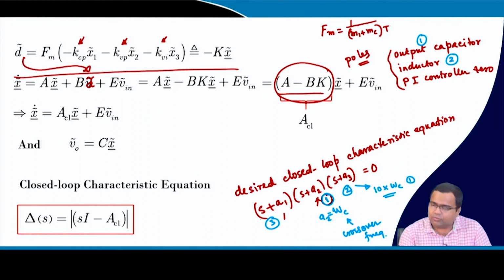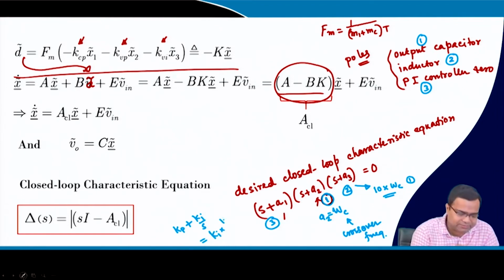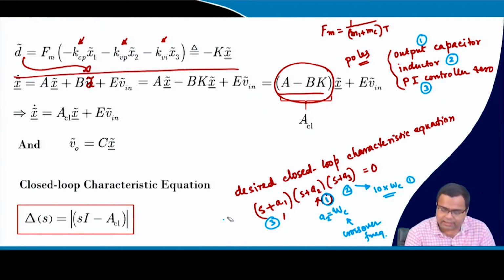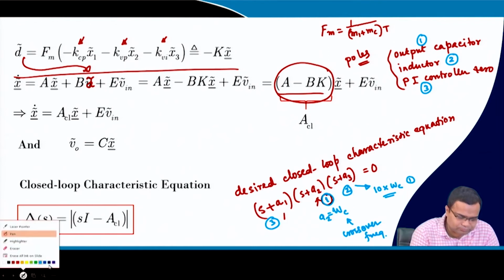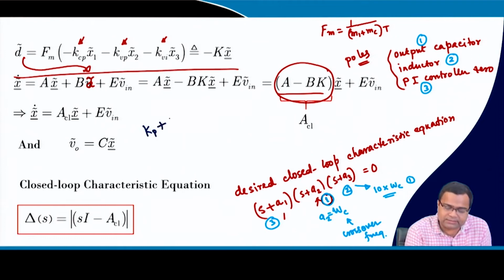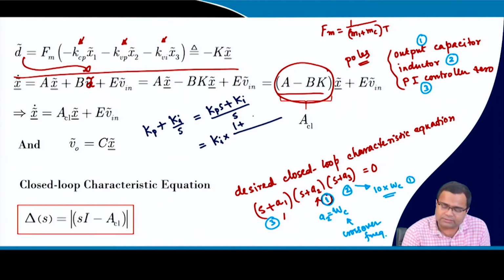And the third pole corresponds to the PI controller, if we take Kp plus Ki by S. We can write it as Kp S plus Ki by S, taking Ki common, Ki into 1 plus S by omega controller Z0, by S. And what is omega controller Z0?